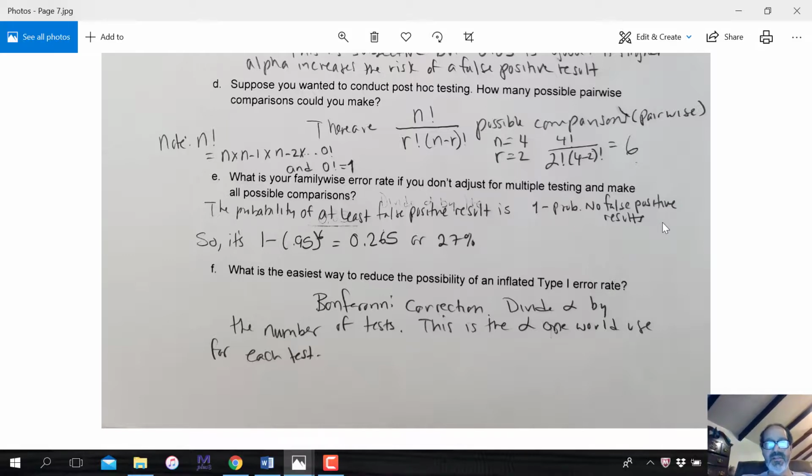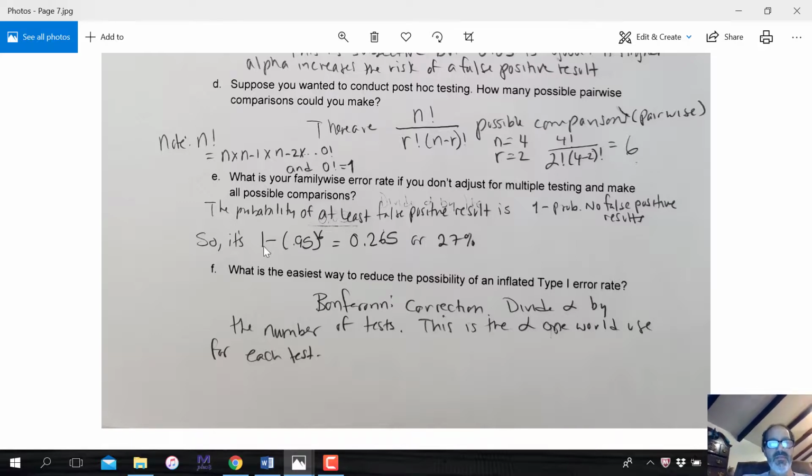The probability of a false positive result is 0.05, so no false positive result is 0.95. For 6 tests, not having any false positive results is 0.95 to the 6. The opposite of having none is at least 1. That's why we're doing 1 minus.